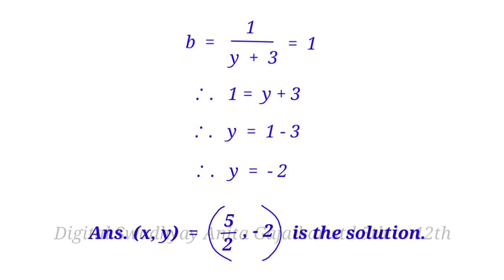Answer: x comma y equal to 5 by 2 comma minus 2 is the solution.